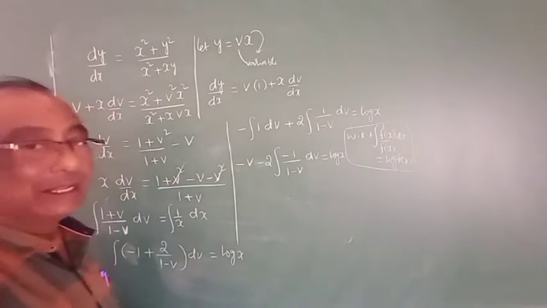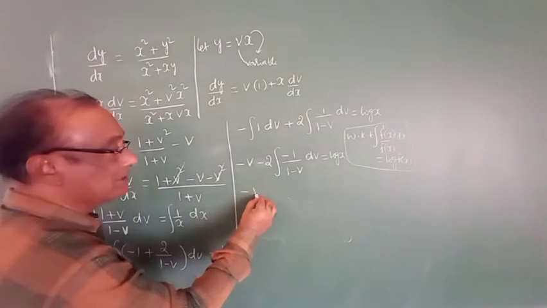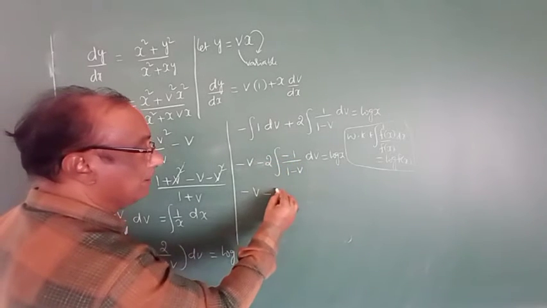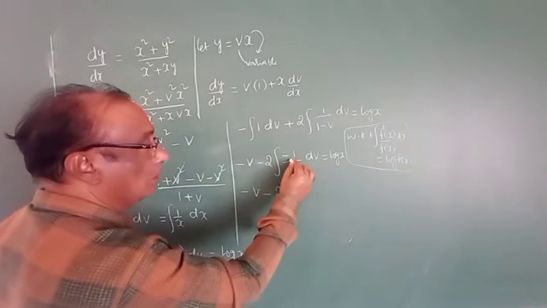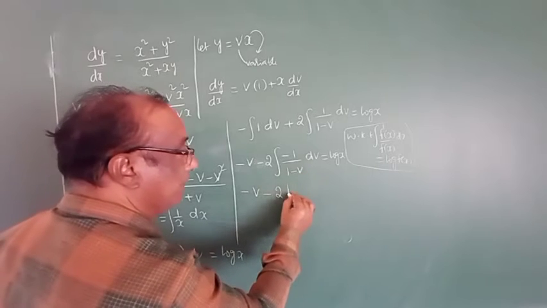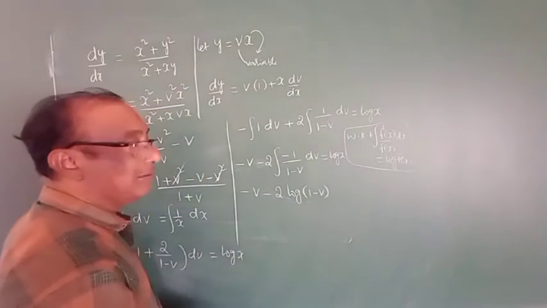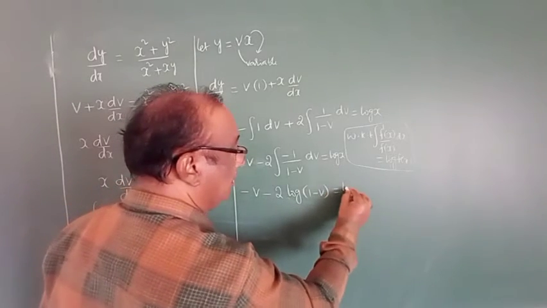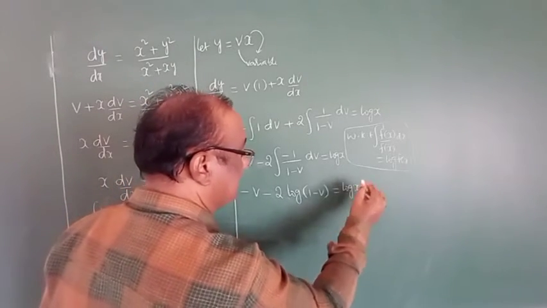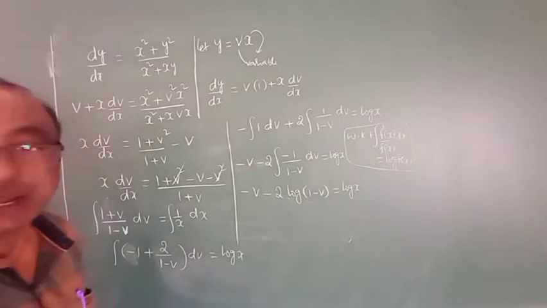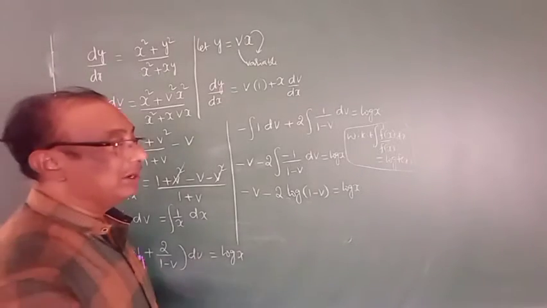Now apply the integration formula. Minus v, and minus 2 times log of 1 minus v is equal to log x plus the integral constant, which should be written on the x side only.